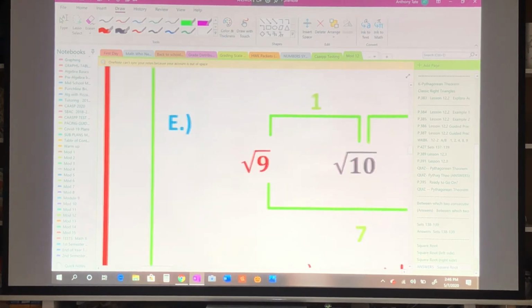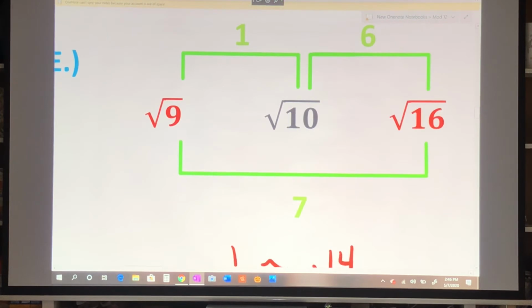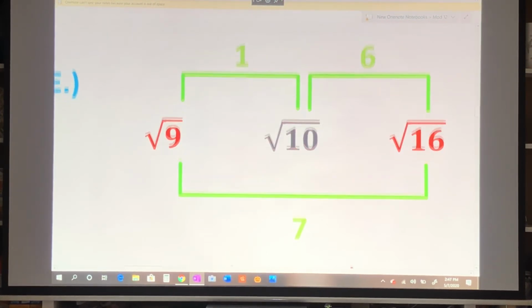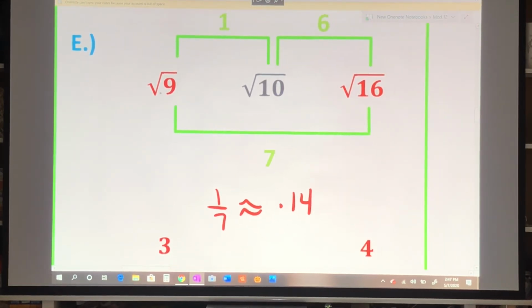Okay, this is the one I think I showed you guys last time. So I'm finding the square root of 10, which is close to 9, which is 3, and 16, which is 4. And I want to guesstimate the answer.